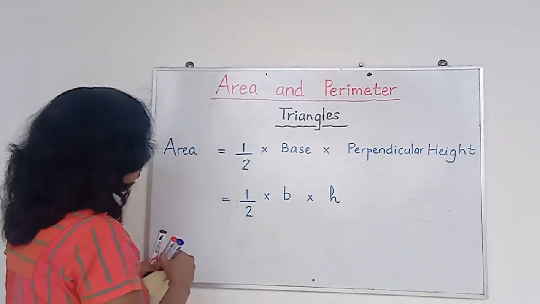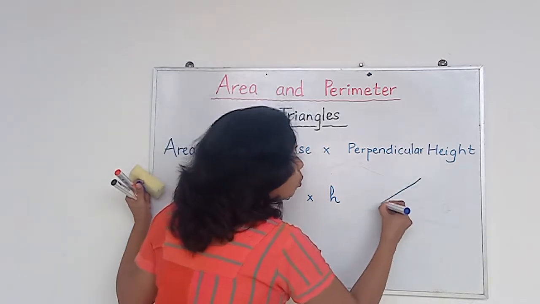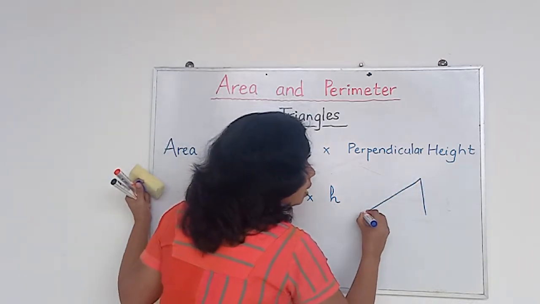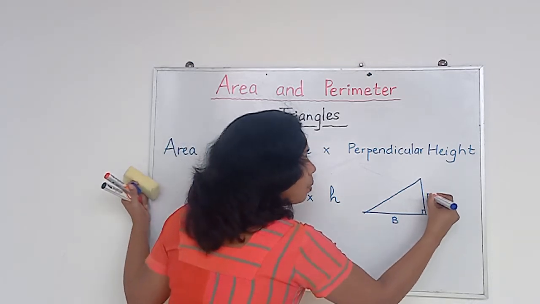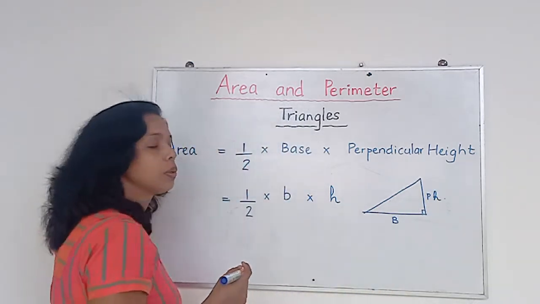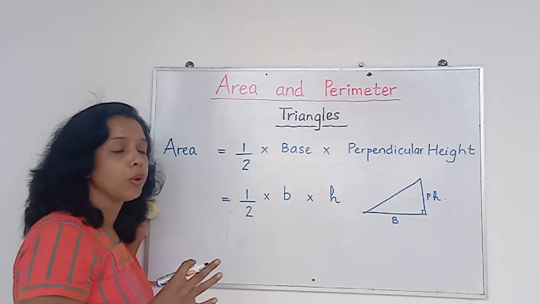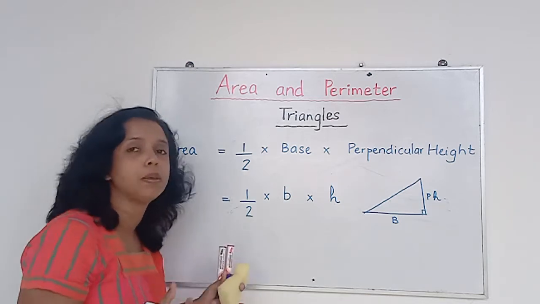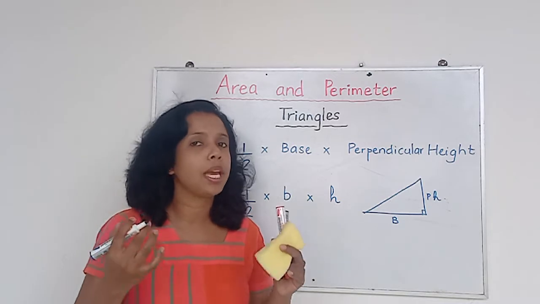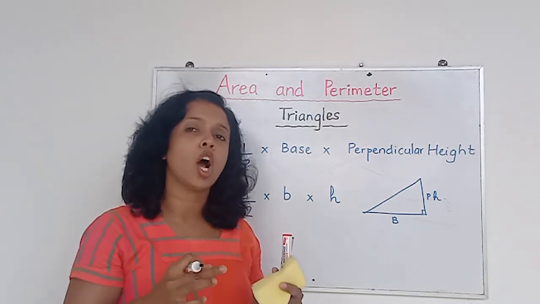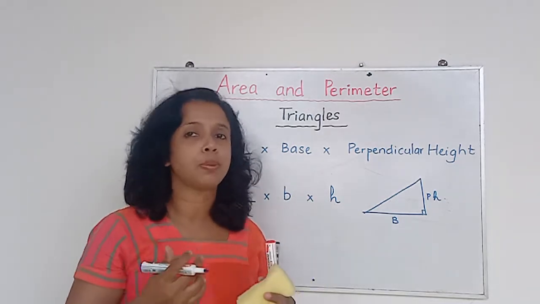Now you may think you will always have this type of triangle, right? So this is the base, this is the perpendicular height. Is this the way? No, you may have different types of triangles, and in the exam also they may ask you to find the area of these different types of triangles.